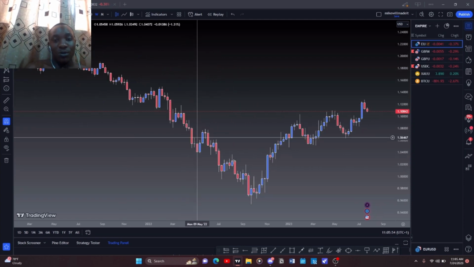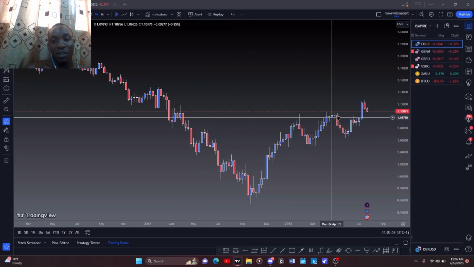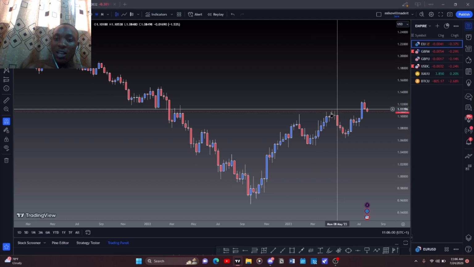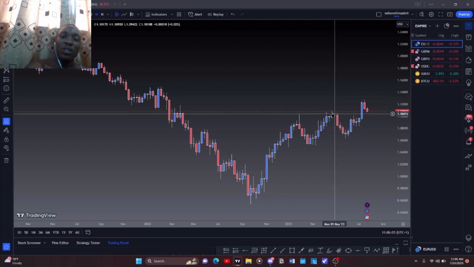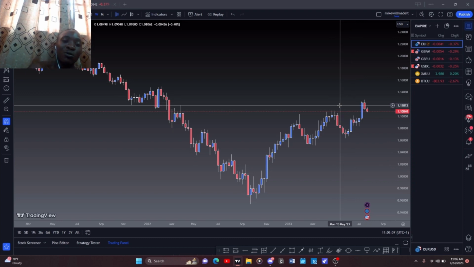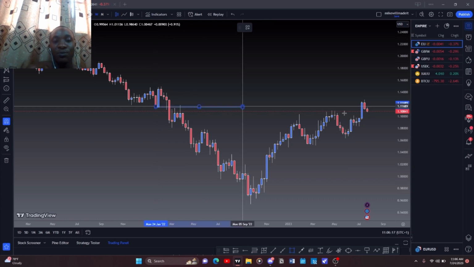On the weekly time frame, you can see price has been creating higher highs and higher lows, and we took out this high that we were expecting to be respected, but price broke it. Where were we going to be looking for the next reversal or retracement area? That was the question. Now we found an answer, and that area was here.